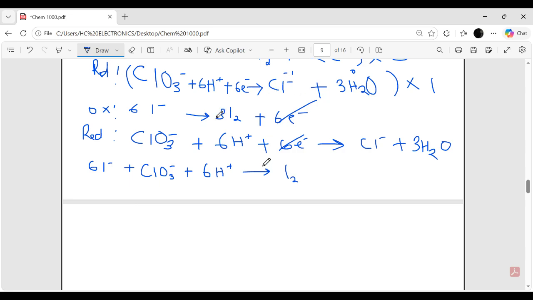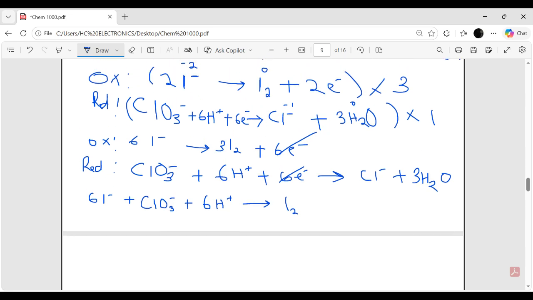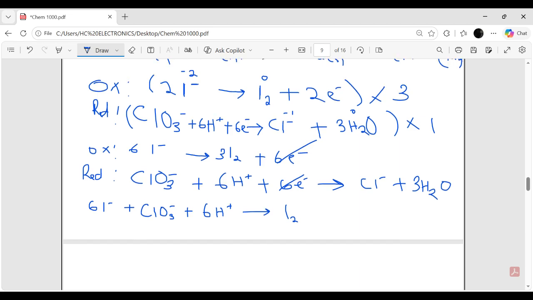Okay, on top here, I think I forgot to write it there. Here it will be 3. Okay, yeah, I wrote it. Then here also 3 iodine, plus the chloride, plus 3H2O.